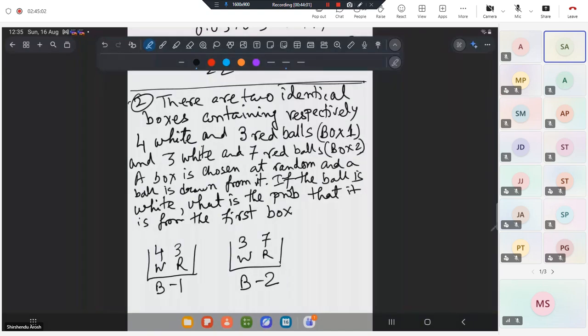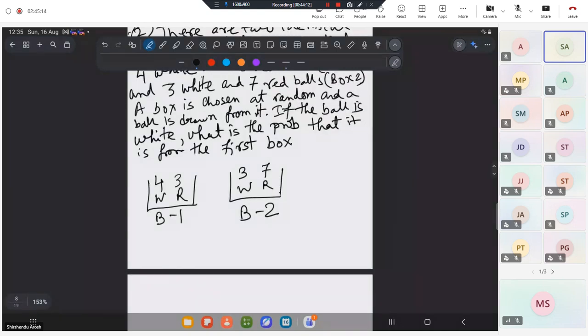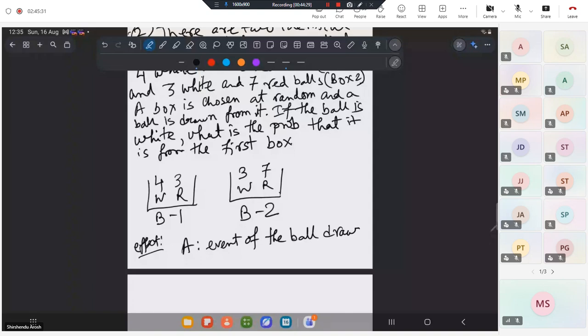But the cause could be that you have chosen box one, or you have chosen box two. Let's take them as cause and effect, and then from there let's try to understand what the probabilities can be. So, what is the effect here? A is the event of the ball drawn is a white ball, right?